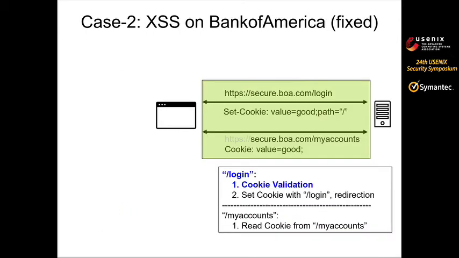Case 2 is a cross-site scripting we found on the Bank of America website. The process we are interested in involves two URLs. At the first URL, the server tries to read a certain cookie and do a validation.